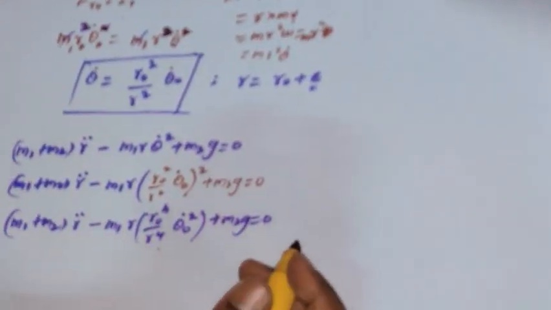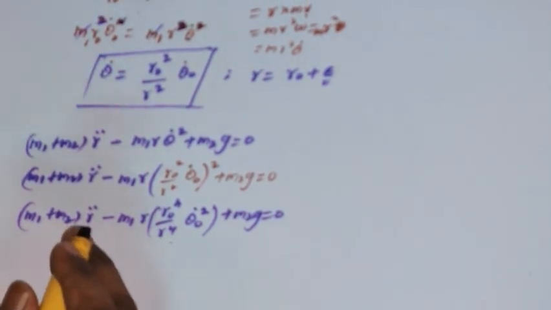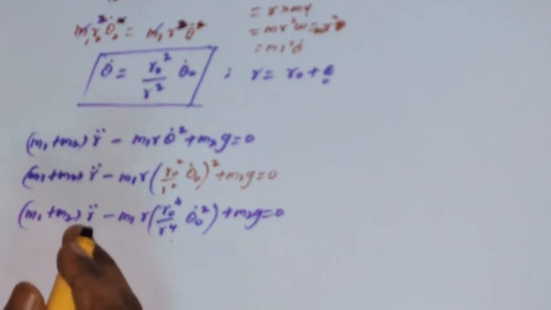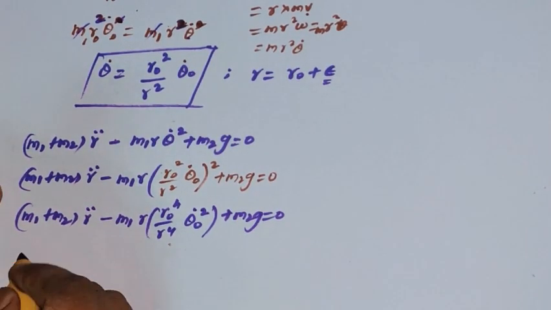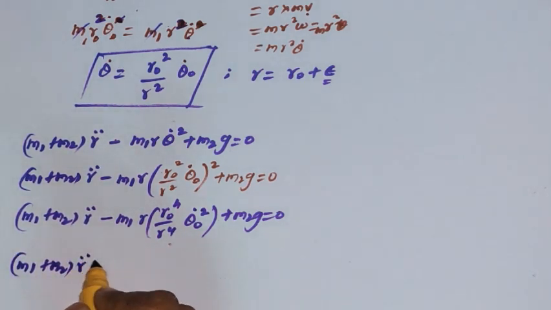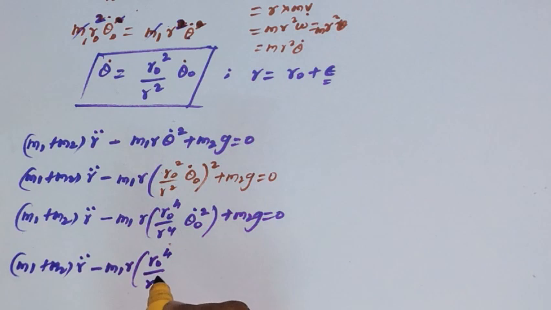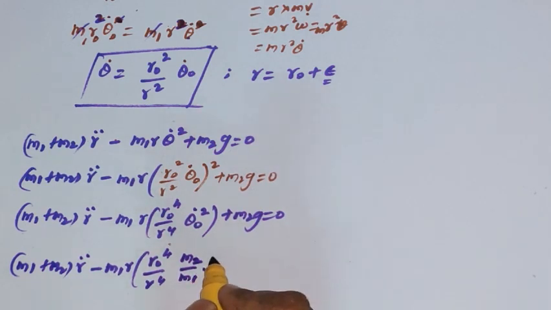If you substitute here, it will give (m1 plus m2) r double dot minus m1 r naught power 4 by r power 4 times theta dot square, which is nothing but m2 by m1 divided by r naught into g.